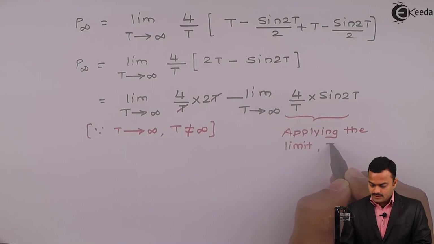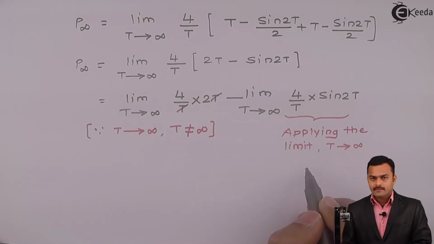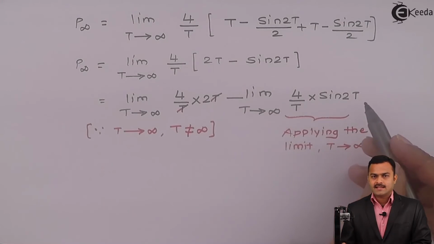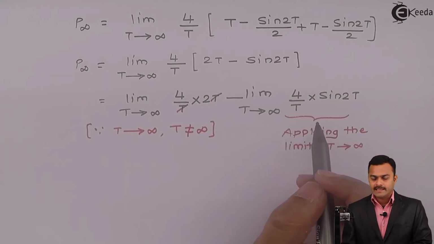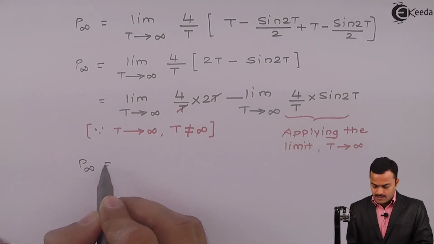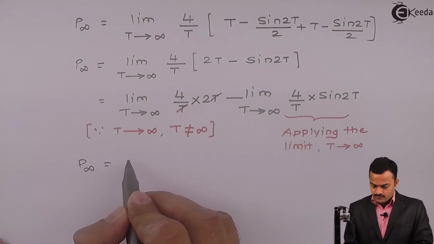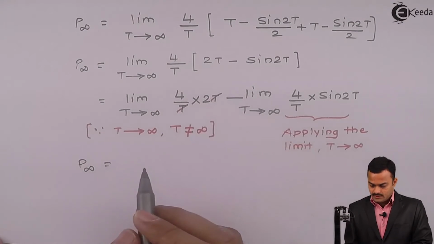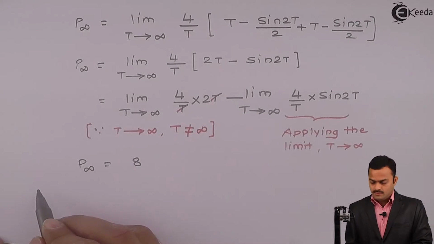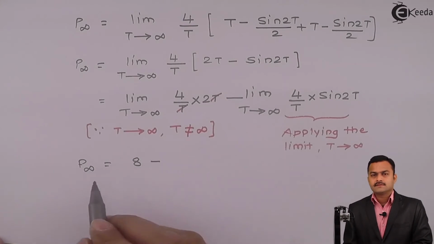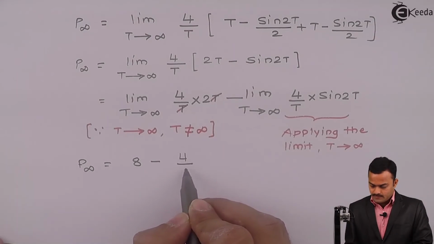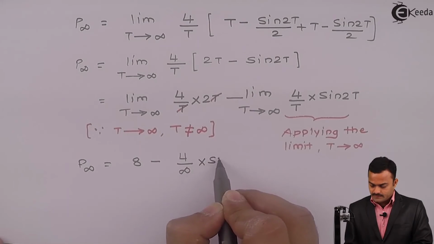Applying the limit means wherever capital T is there, we will replace it with infinity. So in the end, I will get P infinity as 4 into 2, which is 8, minus 4 upon infinity multiplied by sine infinity.